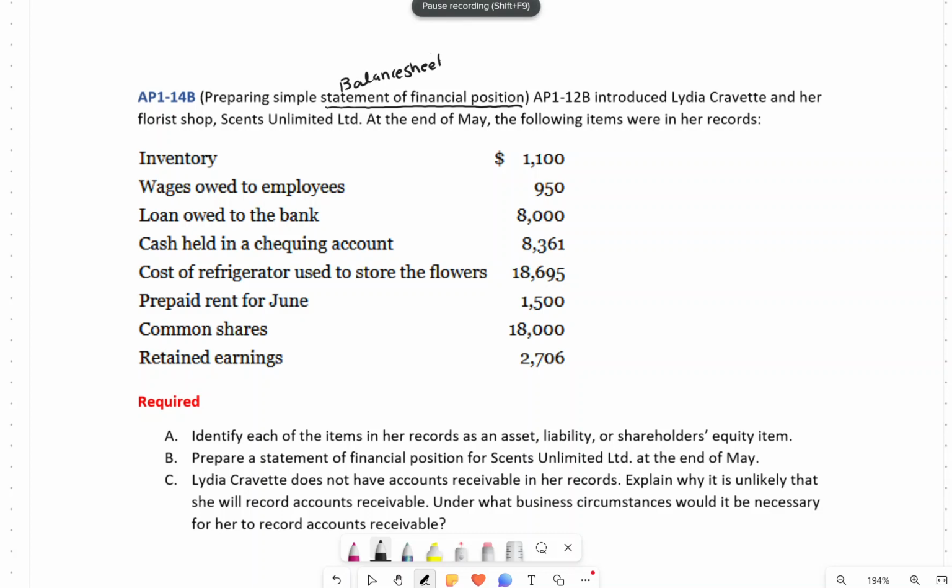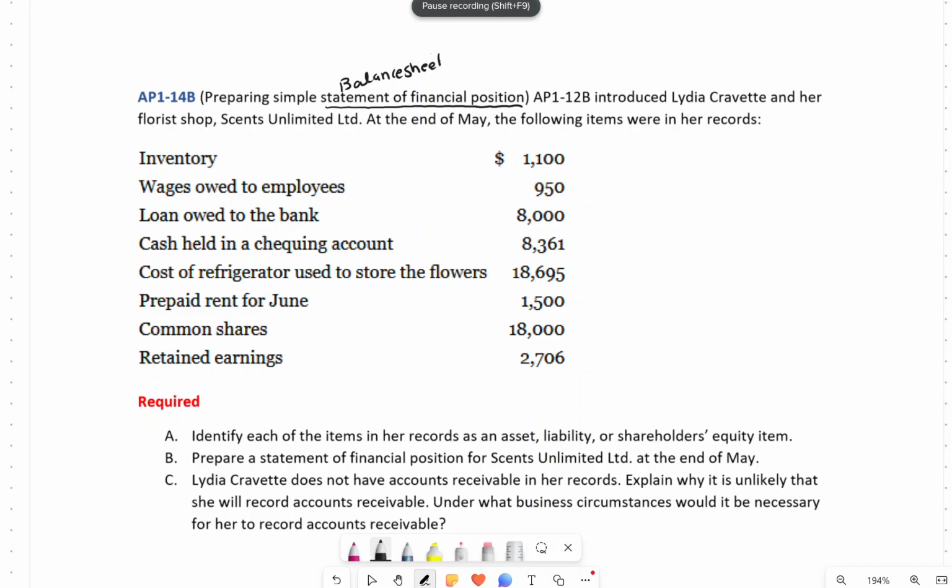We wanted to know which of the accounts go in the balance sheet. So that's what we are looking for.